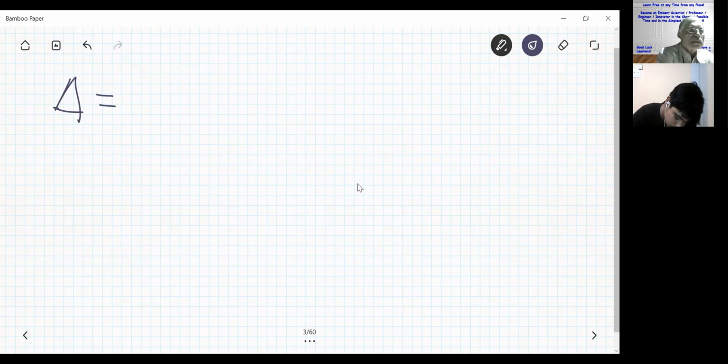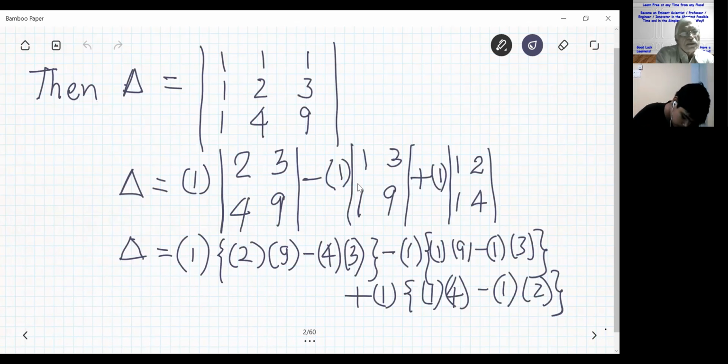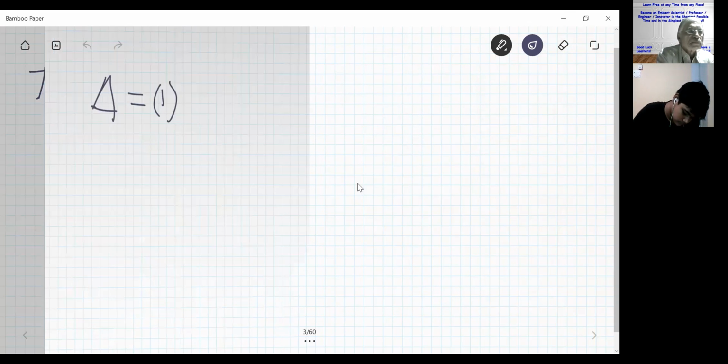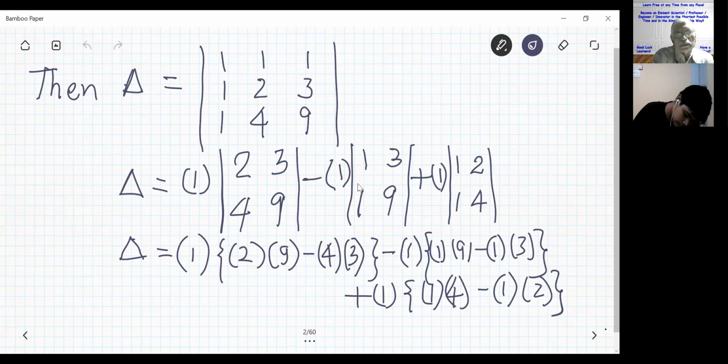So delta is equal to 1 into 18 minus 12. 6 into 1, 6. Minus 1 into 6 into minus 9 minus 3, minus 1.